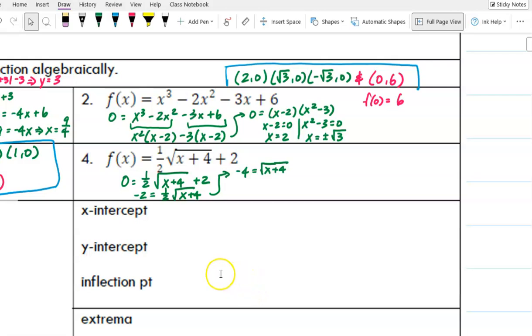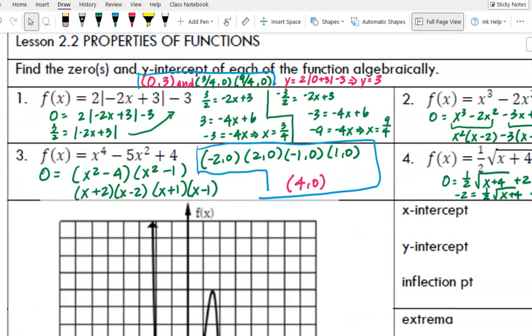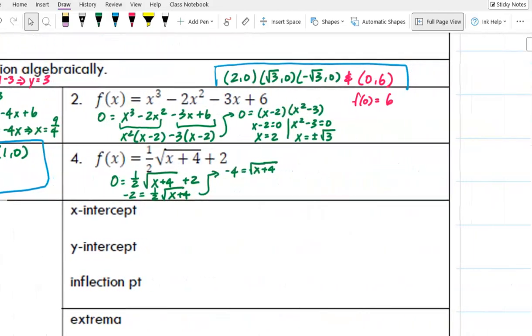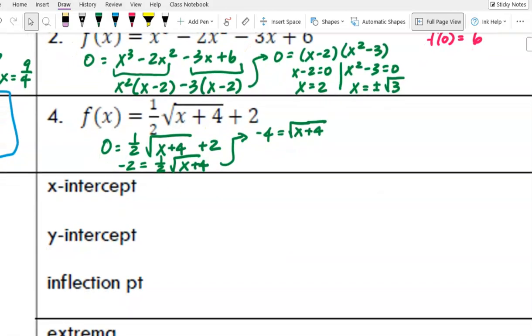So I did number 4. I did number 3, and I got that. But number 4 is interesting because I'm trying to find the 0, and I ended up with that. And then I told myself, hey, look at this function. It's been moved left 4 as a square root function, and up 2.